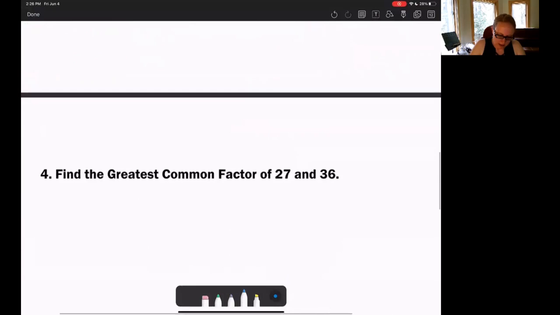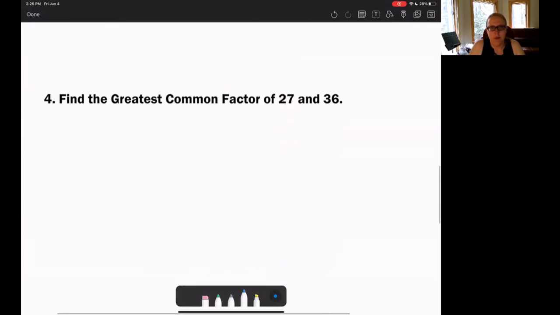So let's say you were asked to find the greatest common factor of 2 or more numbers. So here you want to think about all of the factors, and then you've got to find the one in common between those 2 numbers, which happens to be the highest factor that is in common. So what we're going to do is write down both of those numbers. So we've got 27 and 36 over here. And once again, we're going to do our factor trees.